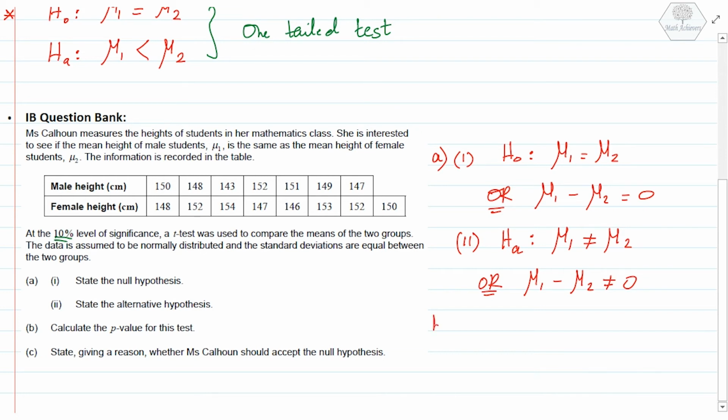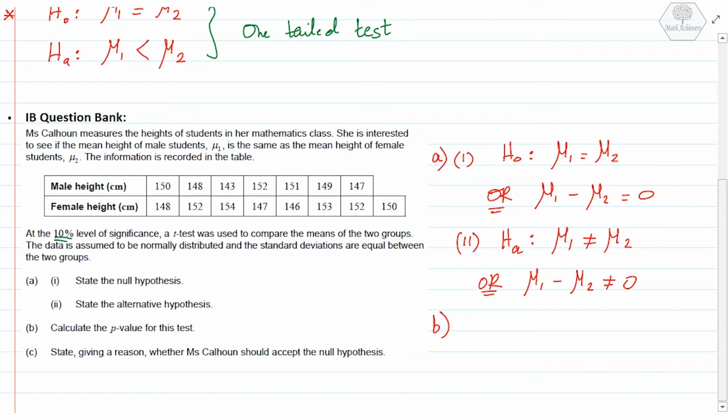For part B, we have to calculate the p-value for this test, because also for the t-test, in order to reject or accept a null hypothesis, we have to use the p-value.